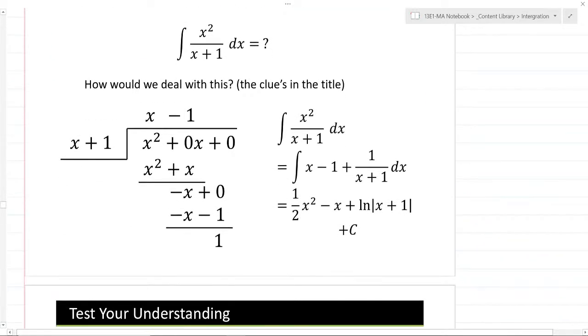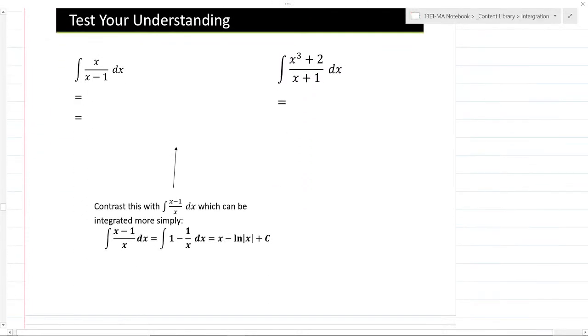Look at that. Alright, have a go at that one on the right, let's say.